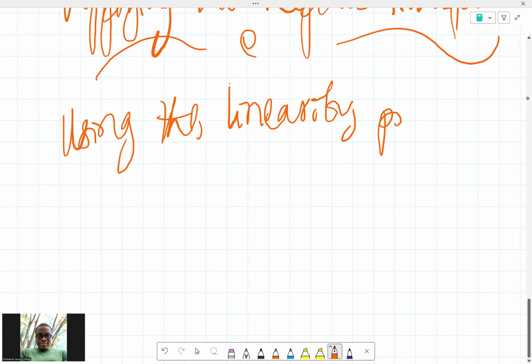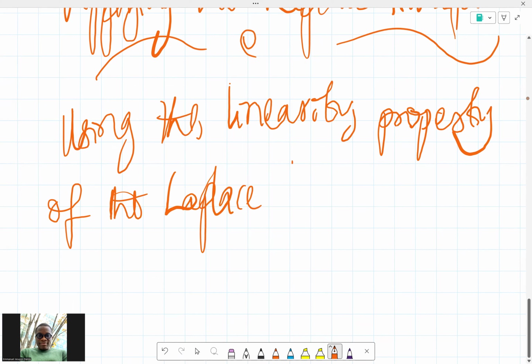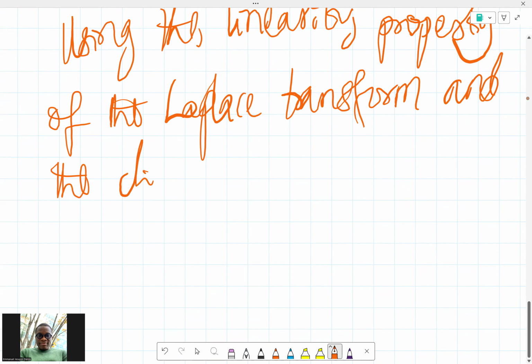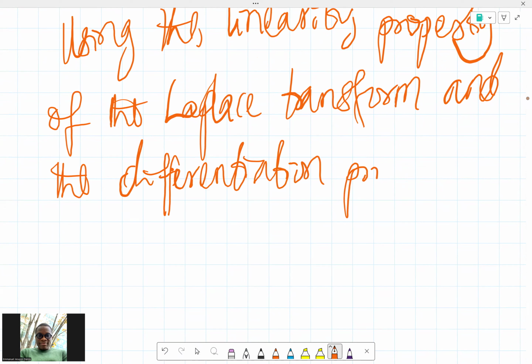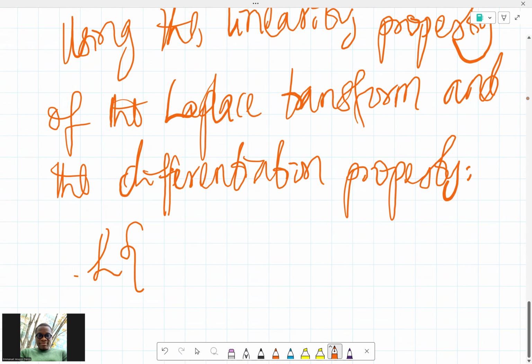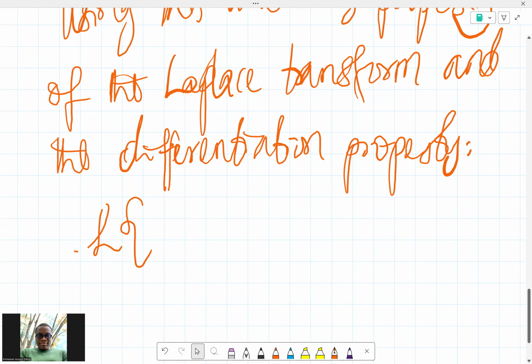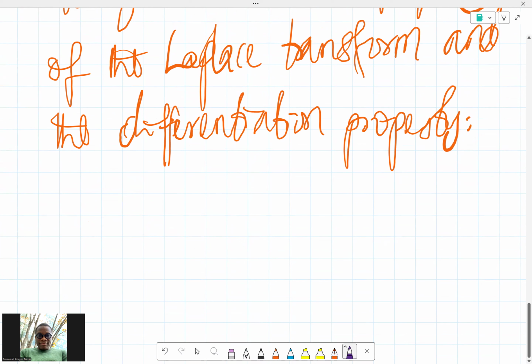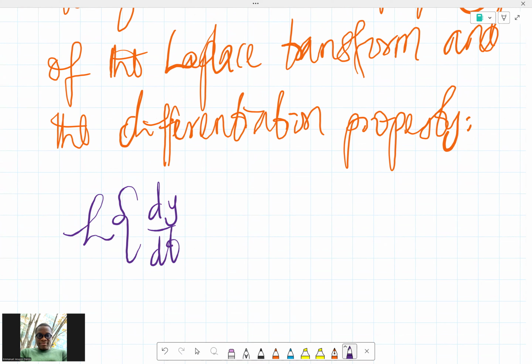Using the linearity property of the Laplace transform, which we looked at in the second video where we covered the properties, and the differentiation property, we see that the Laplace of dy dt, or y prime if you like, or y dot, is equal to s Y of s minus y of 0.